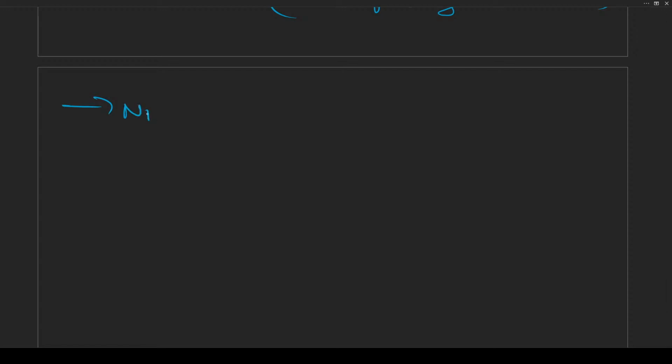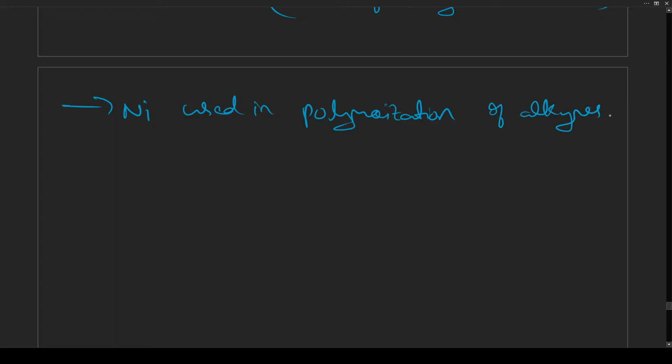Then nickel used in polymerization of alkynes and other organic compounds.